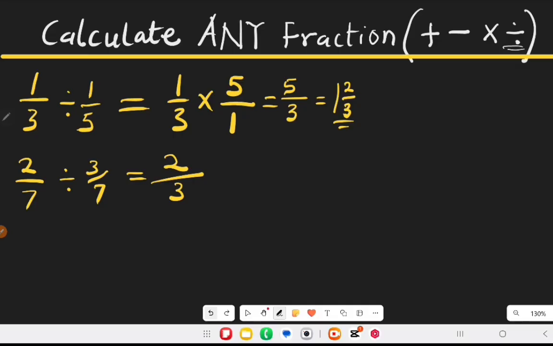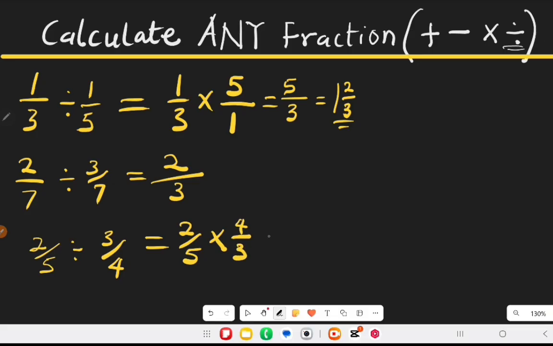Then we move further. We take another example, which is unlike fractions. If we have, for example, 2 all over 5 divided by 3 all over 4, we keep the first one, which is 2 over 5. We change the operation to times, and we flip, or we take the reciprocal of the next fraction, which is 4 all over 3.